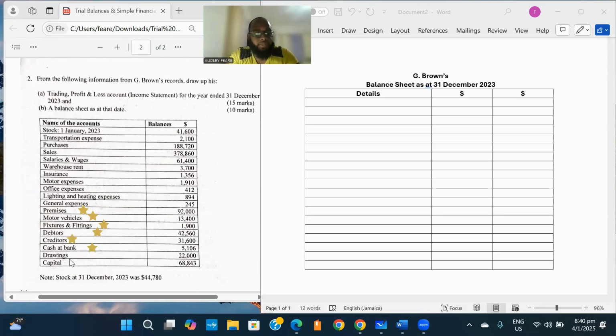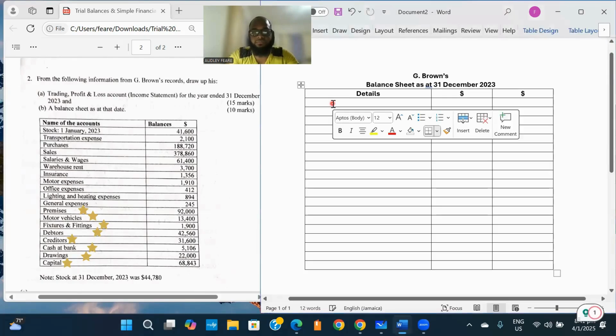And our capital, we have the capital figure there. And we have drawings, which will be taken from the capital because the owner took money for personal use. And the net profit, which we worked out in the prior video, which, as I said, I'll attach at the end so you can always go back. All right, we have to make an adjustment in that. So let's go now.